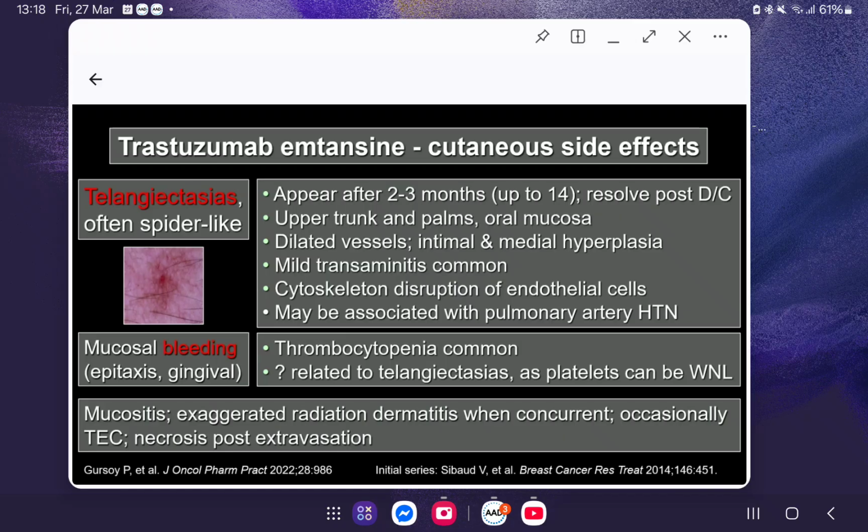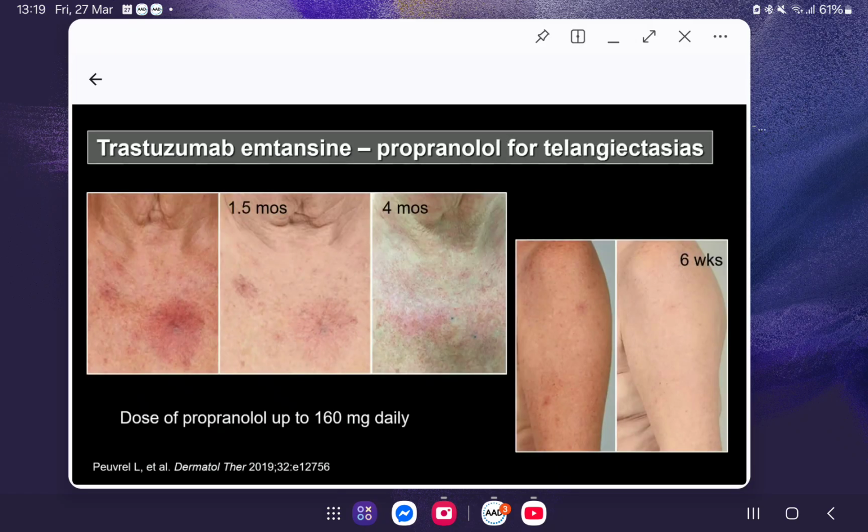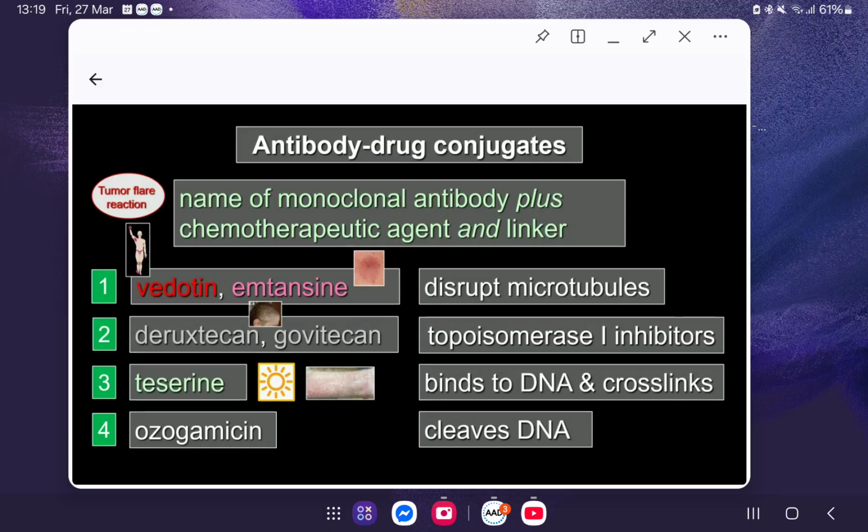So like HHT, it's possible that these same telangiectasias are in the gut. And these are examples of them, and you just simply see telangiectasias. But the one thing I want you to realize is that you can make the person feel better about themselves by giving oral propranolol and having the lesions disappear, which sometimes in your cancer patients, you do treat things that otherwise might be considered cosmetic to give them a sort of a good feel about themselves.